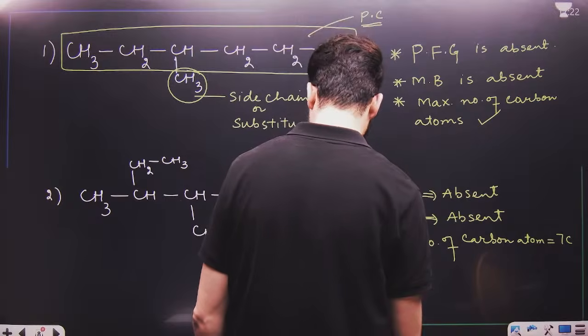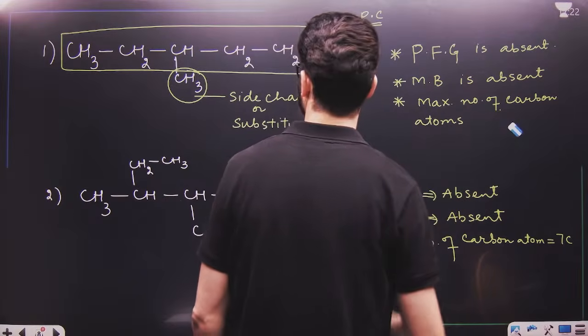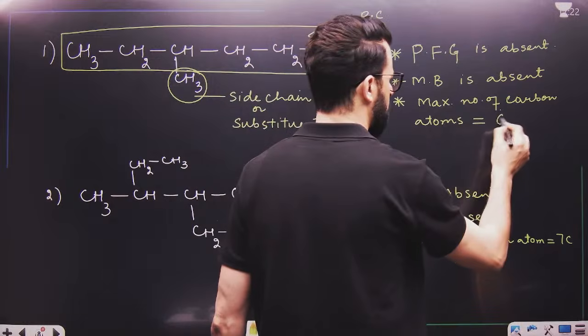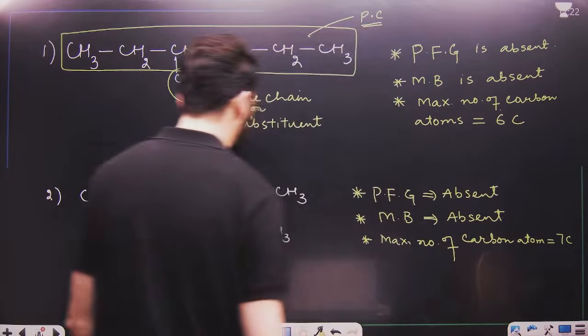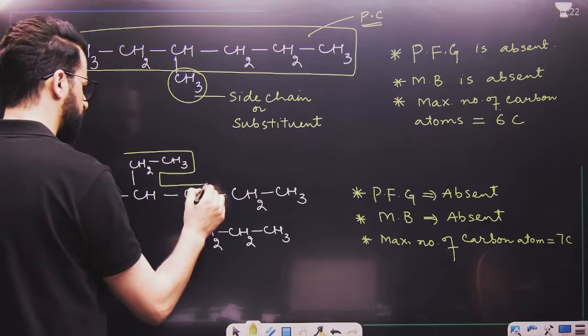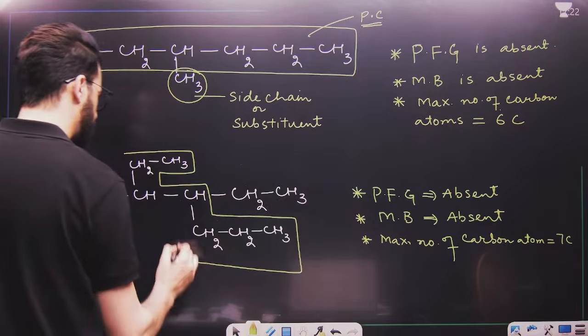Here maximum number of carbon atoms was 3 and 3, 6. So here it was 6 carbon. That's the parent chain. So the parent chain over here will be like this. This will be our parent chain.